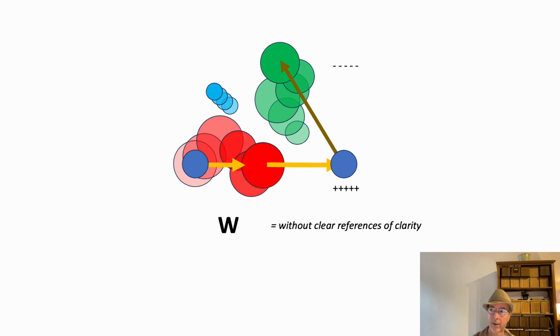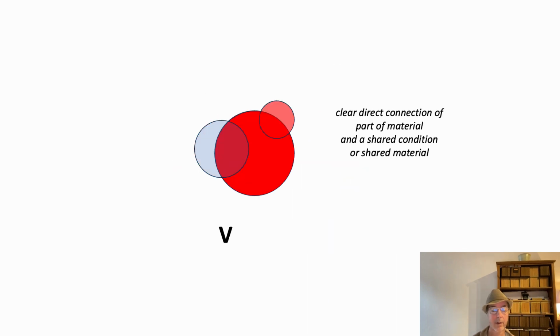That's something I express here, because in this way you can train your synesthesia to visualize the letters better. So the V is in fact very short. It is the clear connection of a part of material, and there's a shared condition or shared material.